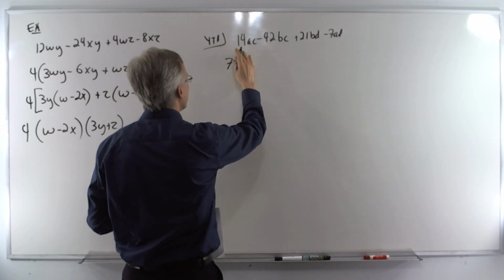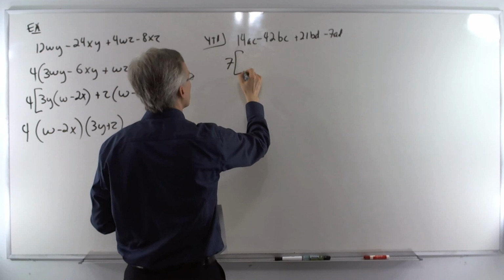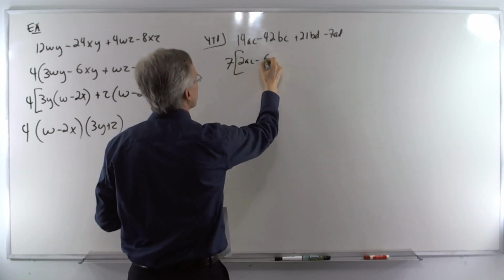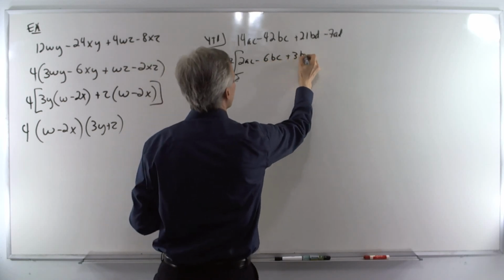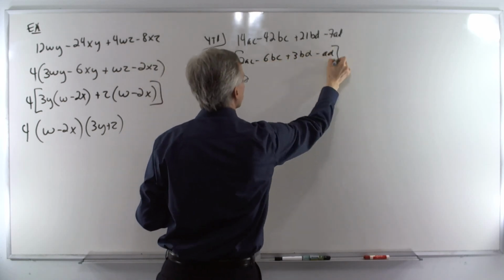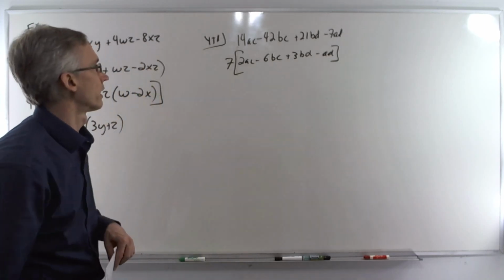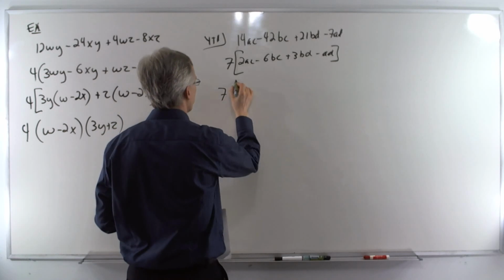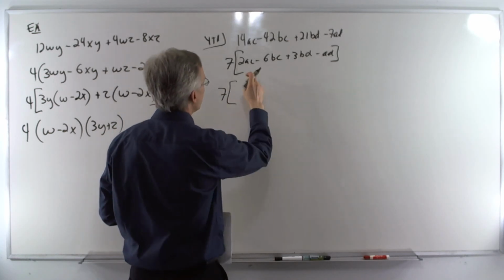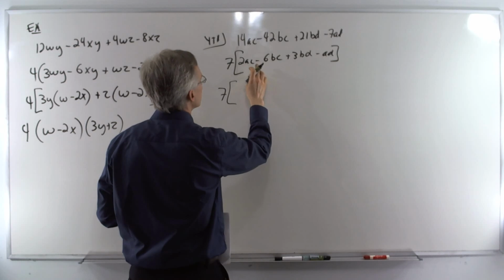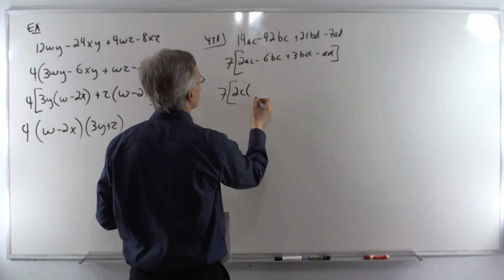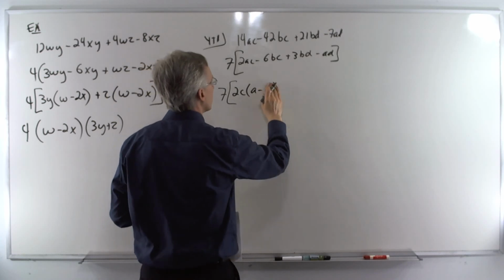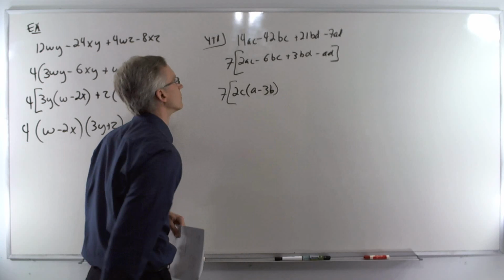So we'll pull out the 7. It's 2ac minus 6bc plus 3bd minus ad. All right, now that we have a GCF out, we can factor by grouping on the inside. So keep that 7 on the outside. And on the inside here, we can factor out 2c. That gives us a minus 3b.